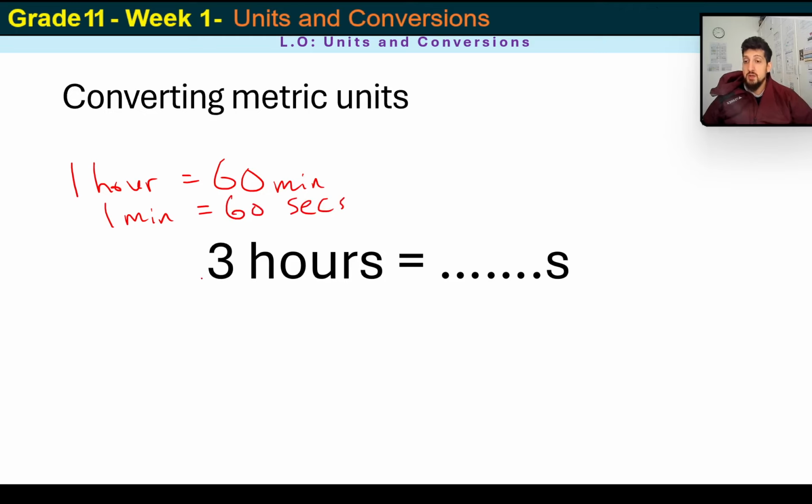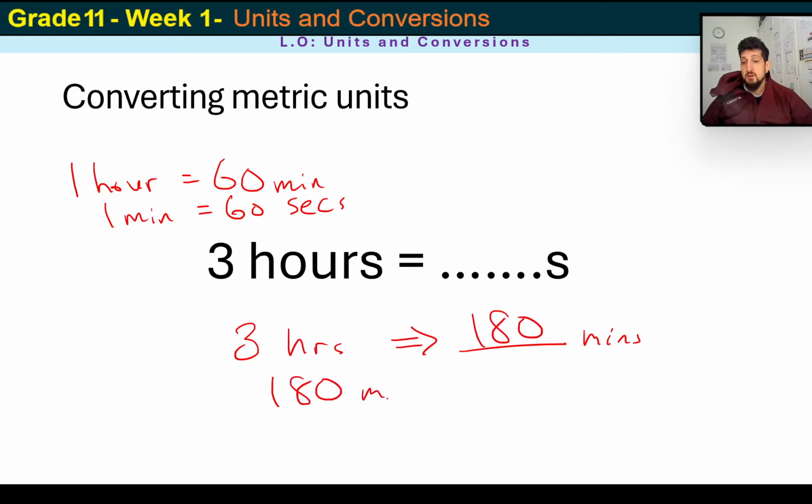And so we have 3 hours, so 3 hours is equal to how many minutes to begin with, and that equals 180, and then we have 180 minutes to how many seconds, and that equals 180 times 60, because each minute has 60 seconds. Can I be bothered doing it?